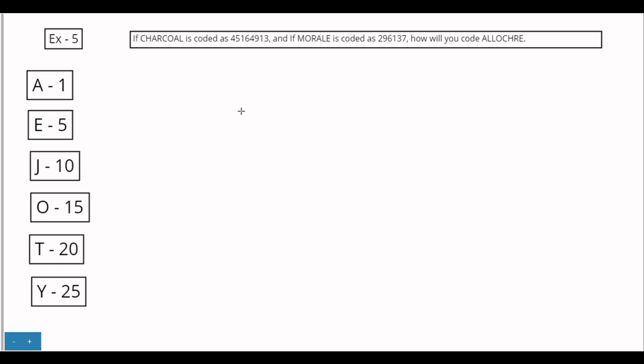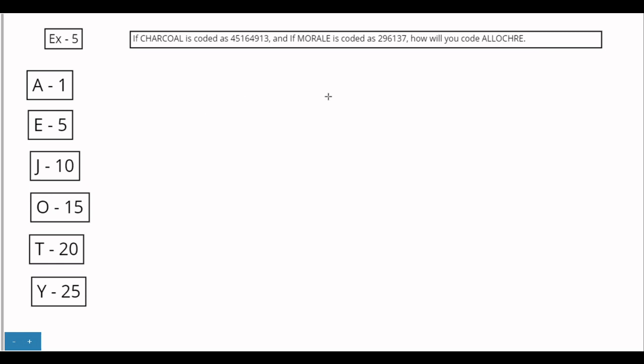Now in the fifth question we have, if charcoal is coded as 45164913 and if morale is coded as 296137, how will you code ALLOCHRE? Here's a quick tip, guys: whenever there are two words and both their codes are given, the main possibility is the word will be solved by direct coding, like we did in the fourth example.